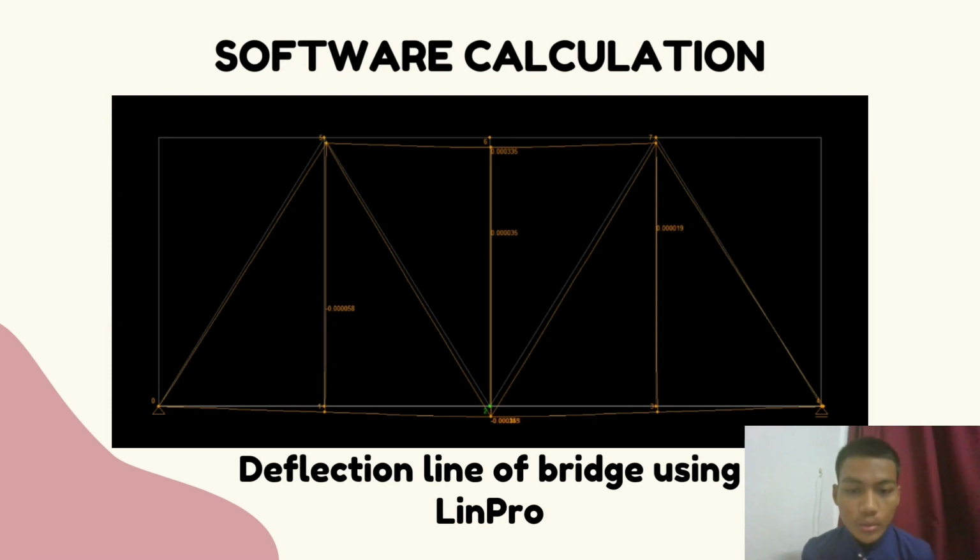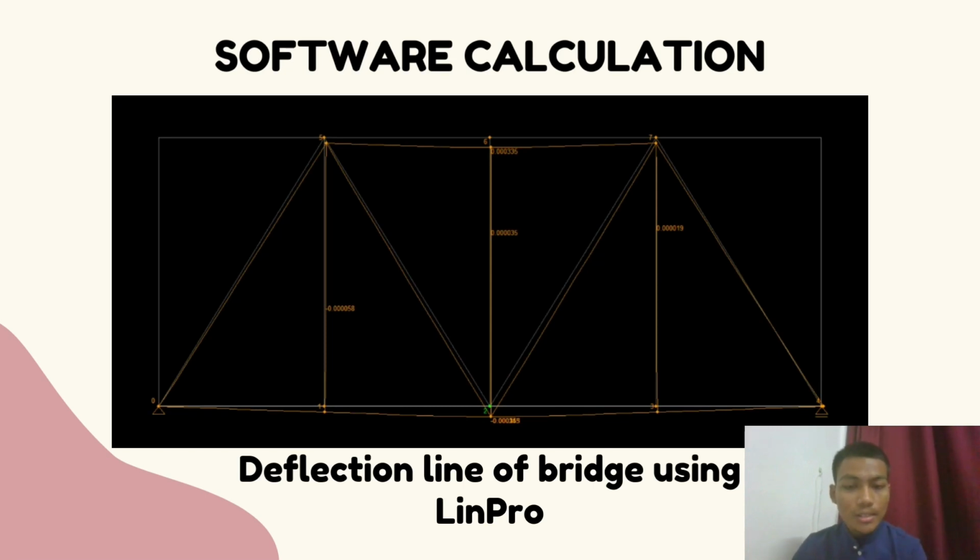We continue with the software calculation. For the software calculation, we used the application LinPro. Firstly, we design the truss or bridge in LinPro, and then we put in the supports, which are pin support and roller support, and we place the external force acting on the truss. After all of that, we input the data and run the analysis.